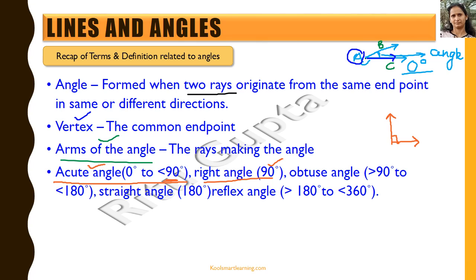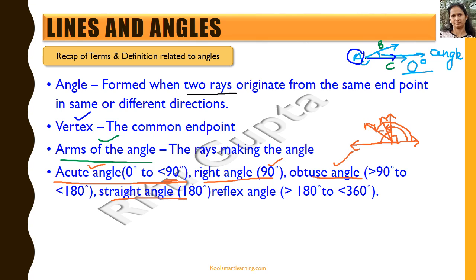Then any angle more than 90 but less than 180, so anything that we make here, this angle that gets formed, or this angle that gets formed, this is called an obtuse angle.